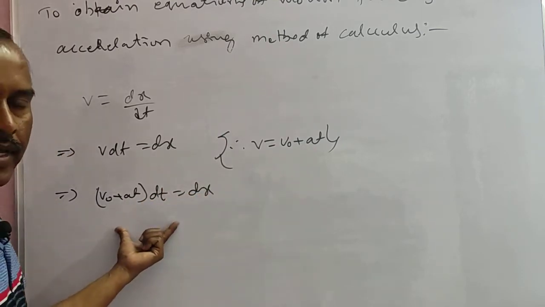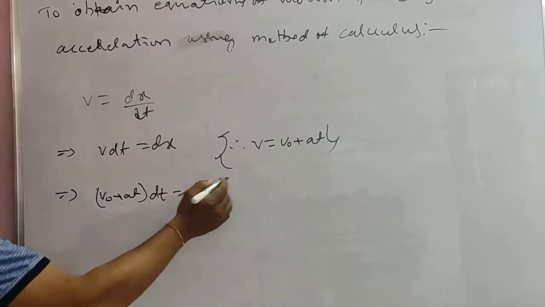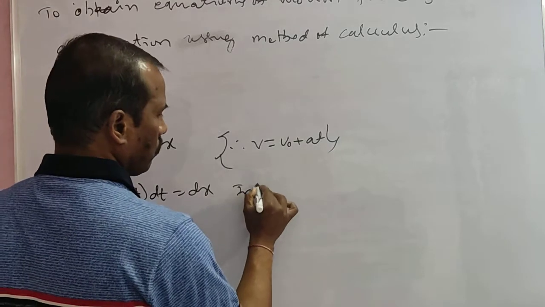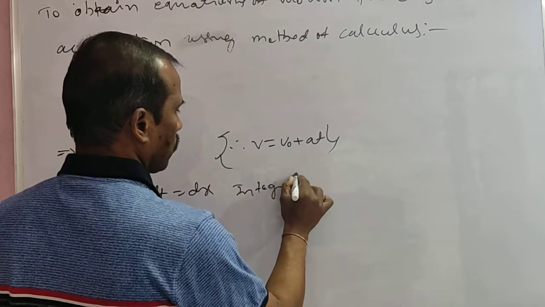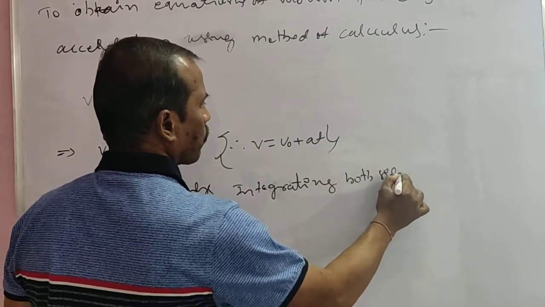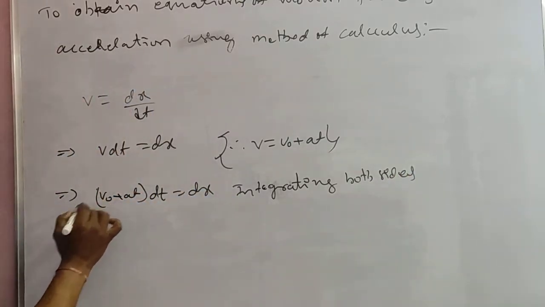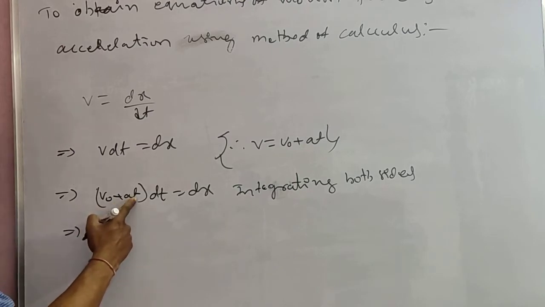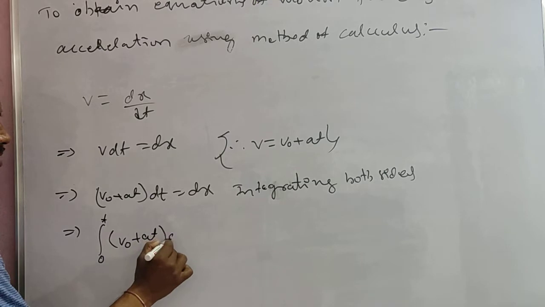Integrating this equation on both sides. Now simplifying: time limits 0 to t, and the integral of v naught plus at dt.